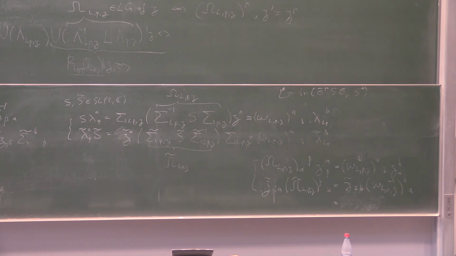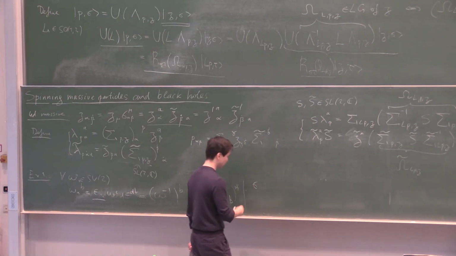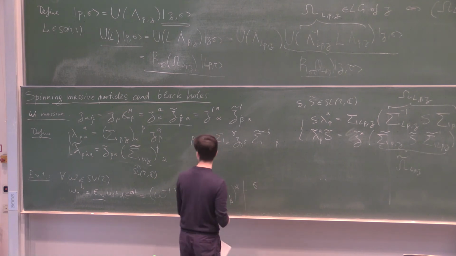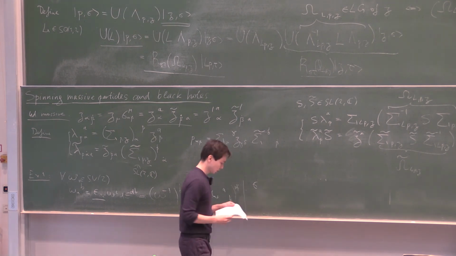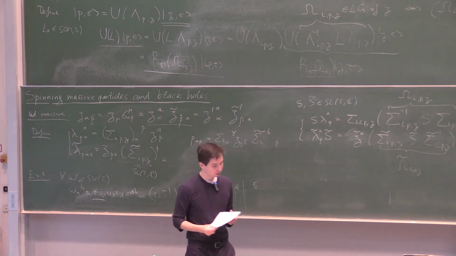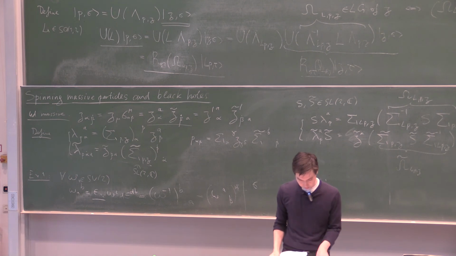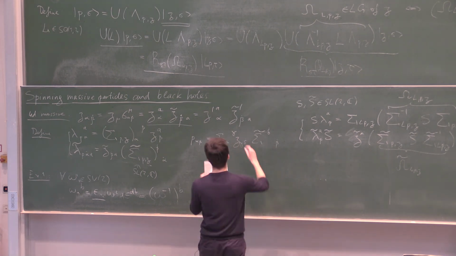Maybe I should give you a hint on how to prove that. The proof of that relies on a property of sigma matrices. Let me write this property for four-dimensional matrices just because I might be needing it.